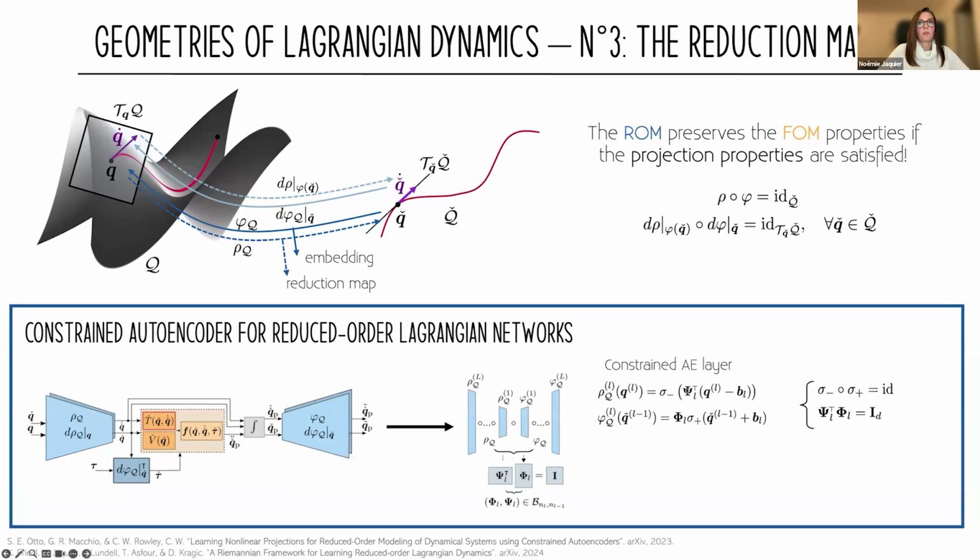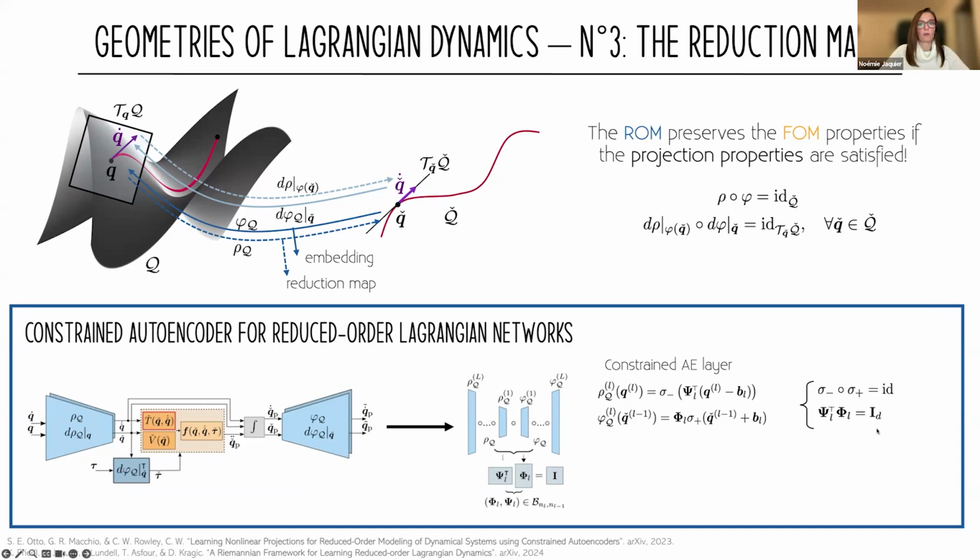Then we have weights, which are those two matrices, and we have activation functions here, sigma minus and sigma plus. To ensure that the encoder is the left inverse of the decoder, the activation functions are the left inverse of each other, and the weights should satisfy that the transpose of the encoder weight times the decoder weight should be identity.